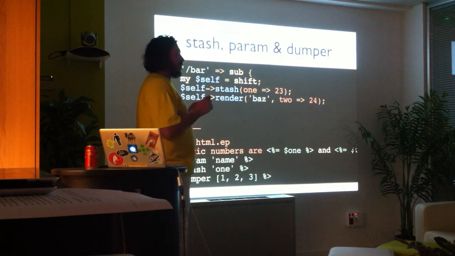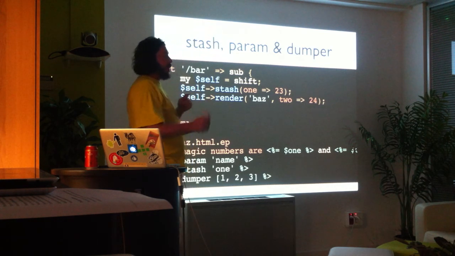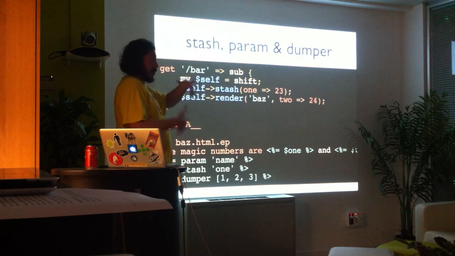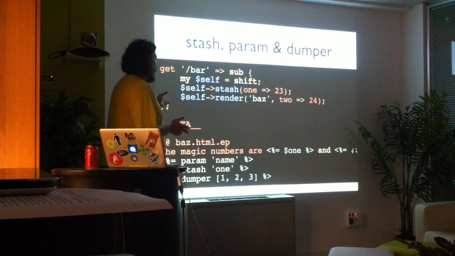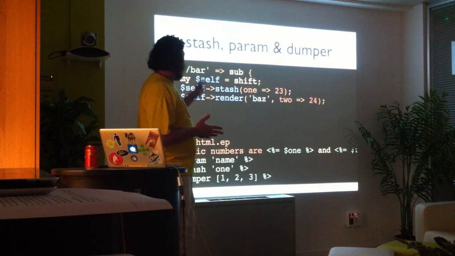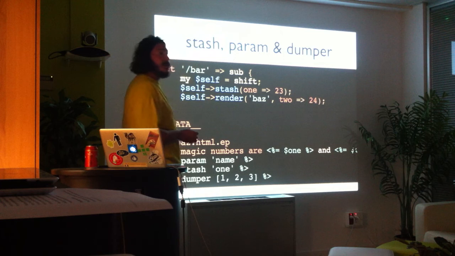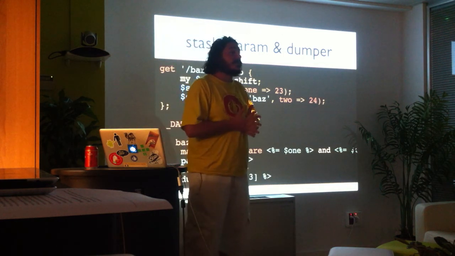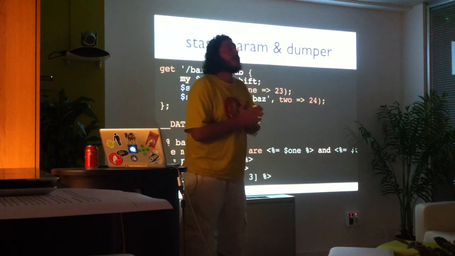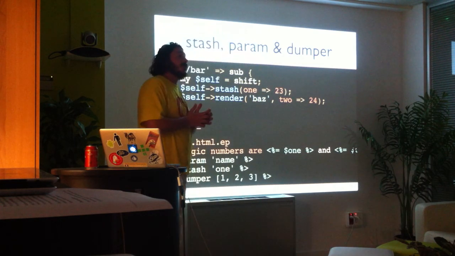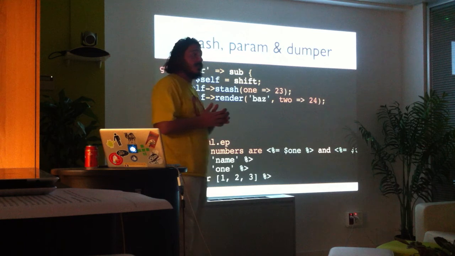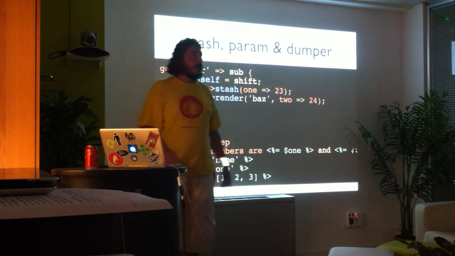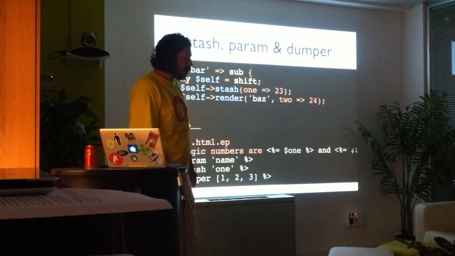So it's a way you pass things to your templates, or if you have before filters or after filters or whatever, you can pass objects through the Stash. Will they be stashed even for redirects? When you redirect from one, like, no, there you need to use the Flash, because Stash only lasts for one request.